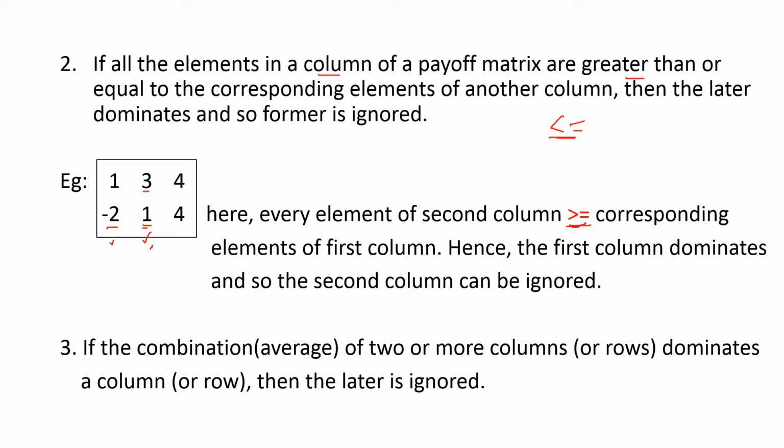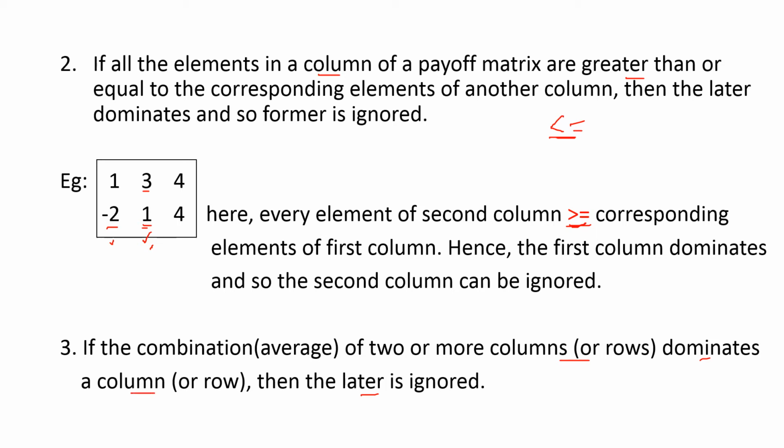If the combination or average of two or more columns or rows dominates a column or a row, then the latter is ignored. This is another way. In some cases you have to take the average of two or more columns or two or more rows and continue the solution. If that is the case, such a row or column dominates another column or row, then that one will be ignored.